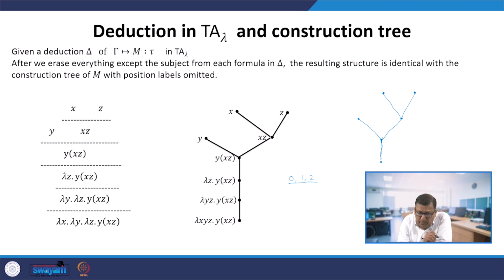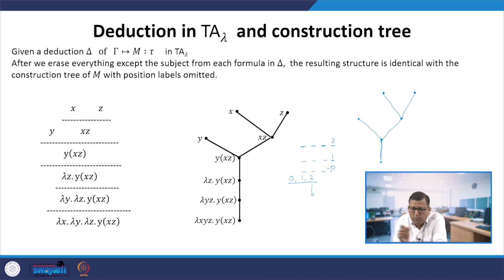Let us concentrate only on the rightmost symbol of a position symbol. If the rightmost symbol entry is 2, it is an argument. If it is 1, it is a function. And if it is 0, it is the body of a function. This is the meaning of the symbols 0, 1 and 2.